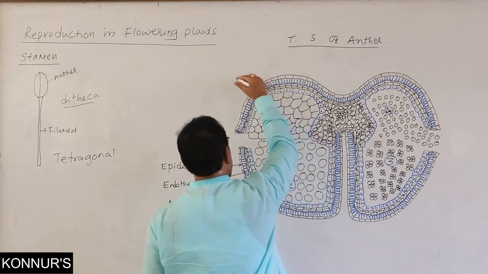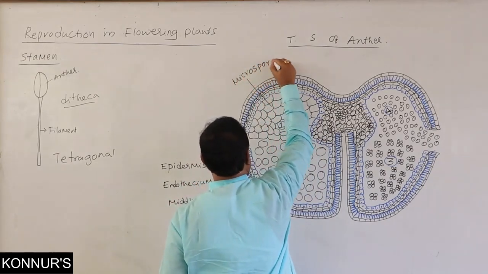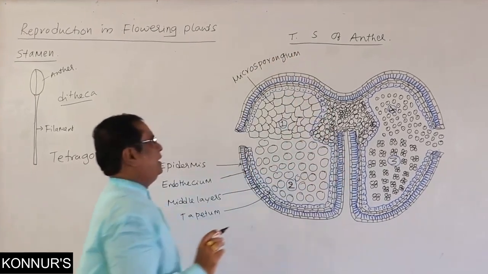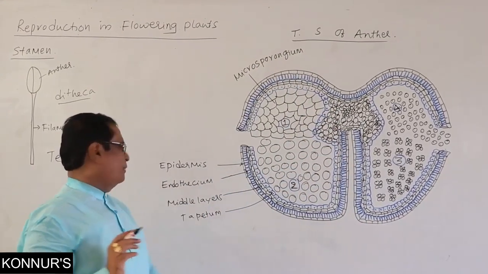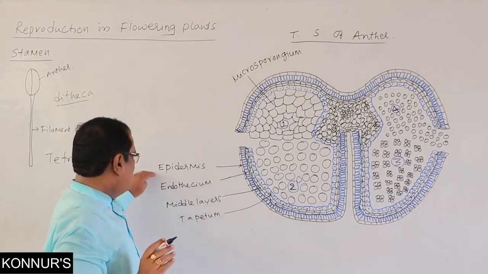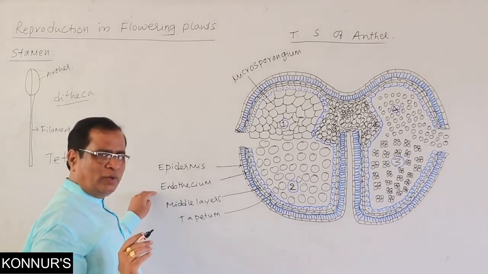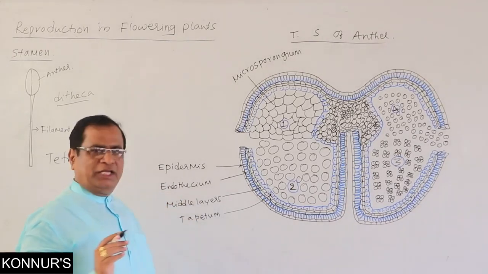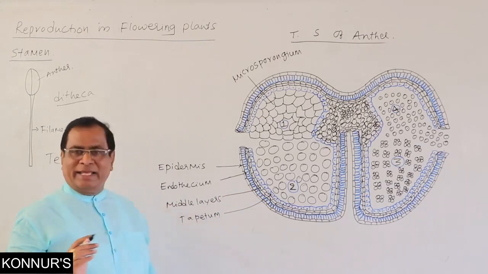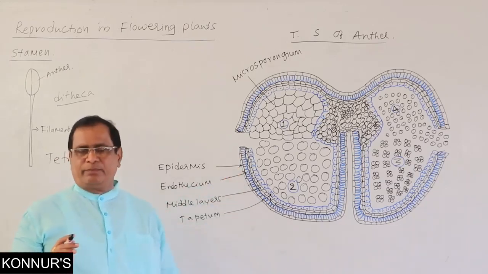This is one microsporangium, and each microsporangium is covered by four layers: outermost epidermis, next endothecium, two to three layered middle layers, and the innermost tapetum.